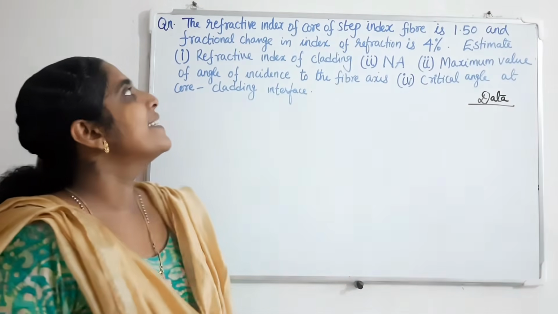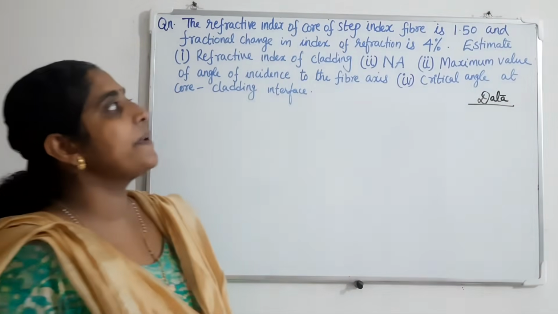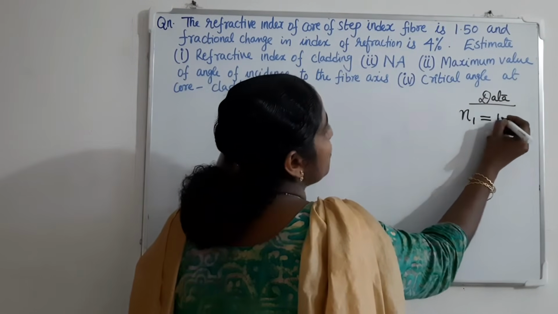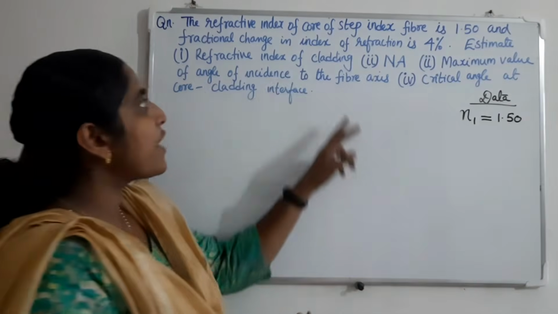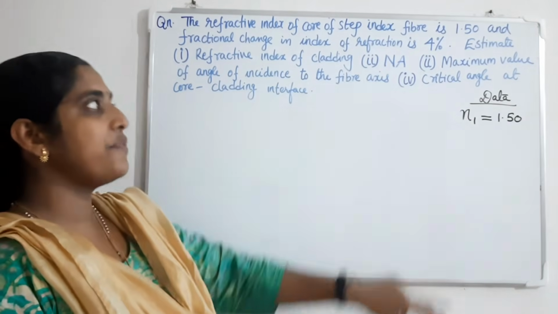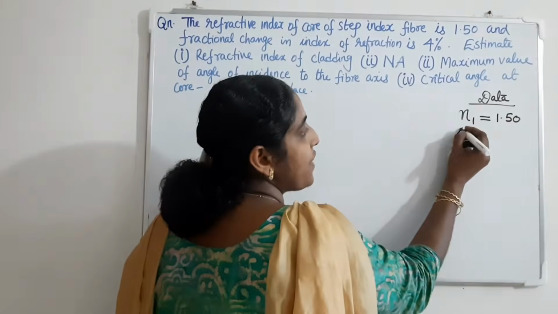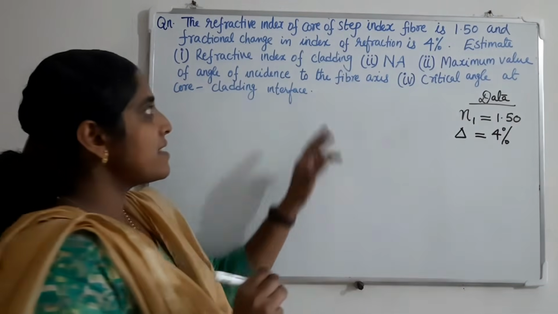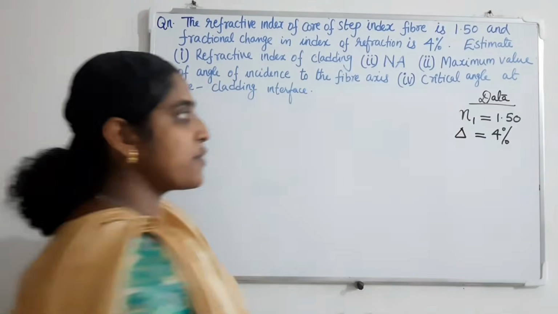One last question. The refractive index of core of step index fiber is 1.50, that is N1 is equal to 1.50, and fractional change in index of refraction is 4%. That is fractional index change delta is equal to 4%. Estimate refractive index of cladding.